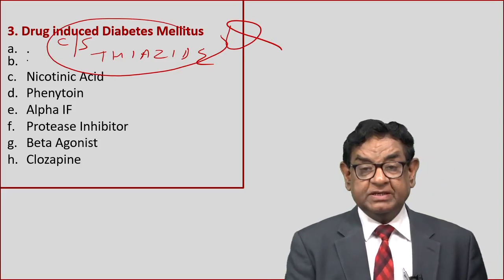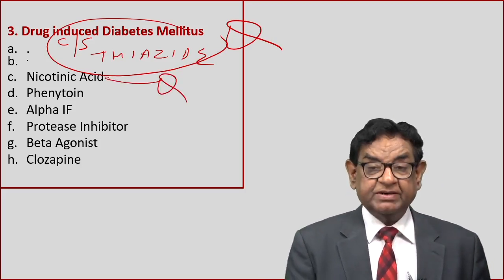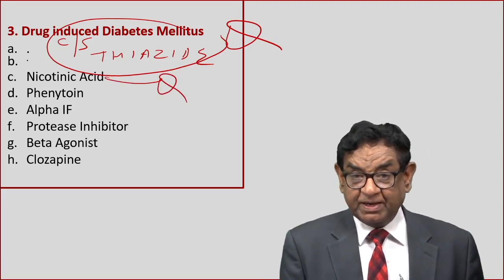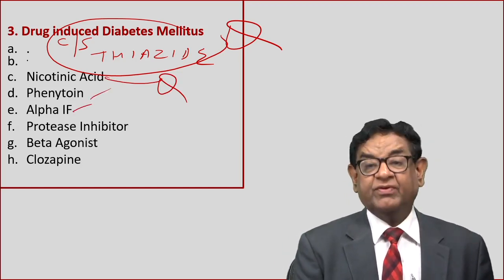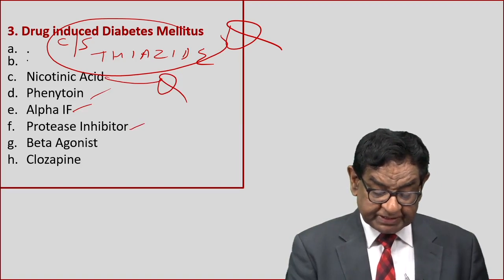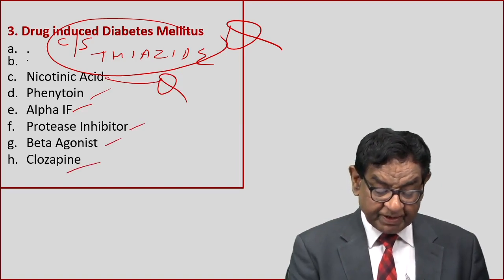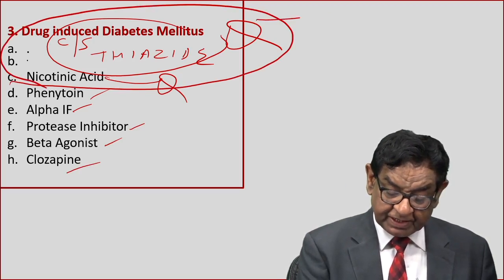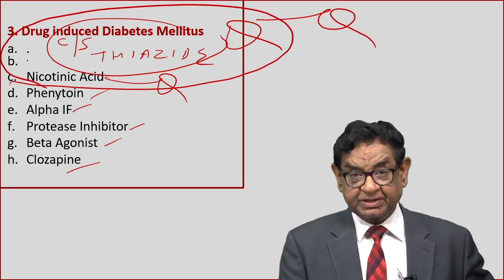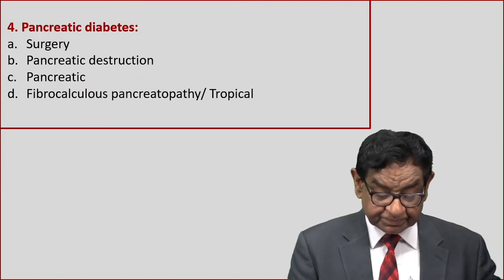The other drug is nicotinic acid, something very interesting: we use it for hyperlipidemia, but it can lead to hyperglycemia also. Others are phenytoin, alpha interferon, protease inhibitors, beta agonists, and clozapine, but you must not forget these three; they are the most commonly asked questions in exams.